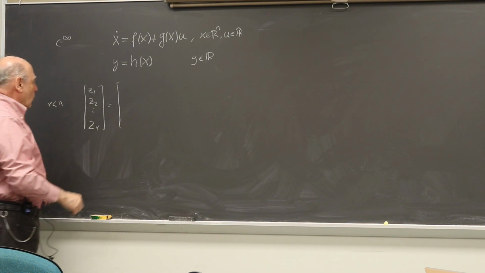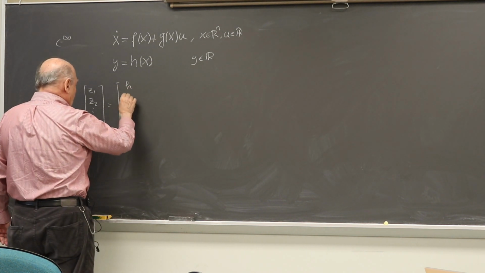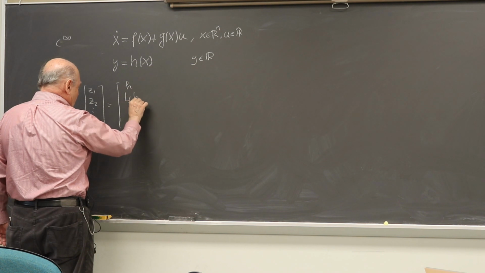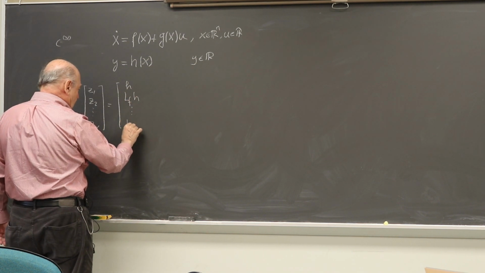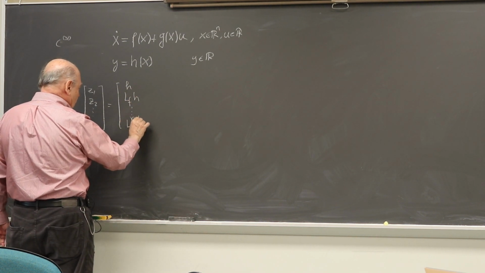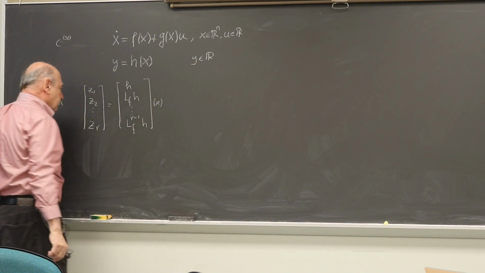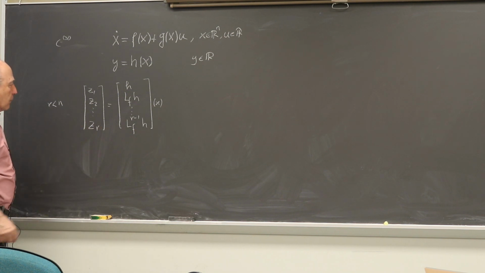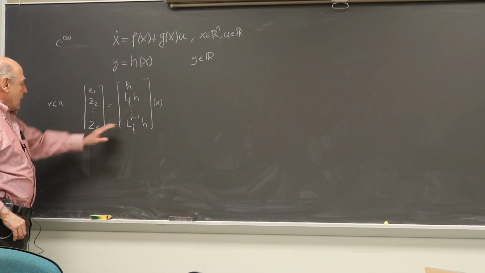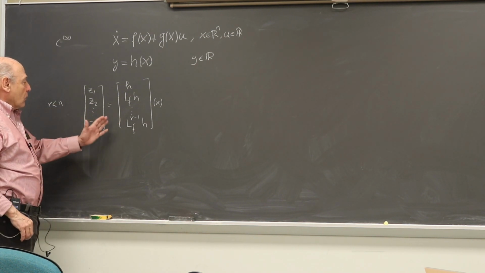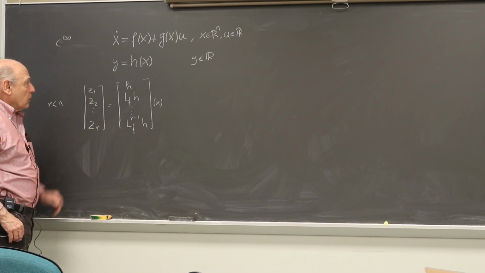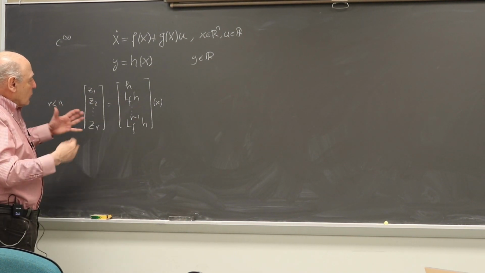And this C was just h, Lf of h, all the way up to Lf r minus 1 of h. And this is a function of x. So it defines a map which is at most full rank r, but it cannot be full rank n because it doesn't have n components. So this is only a partial linearization.